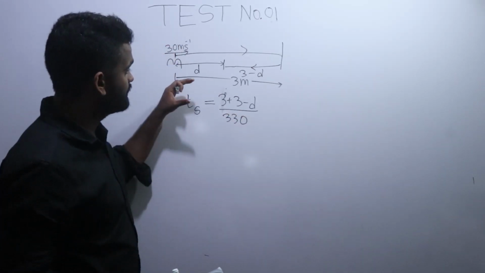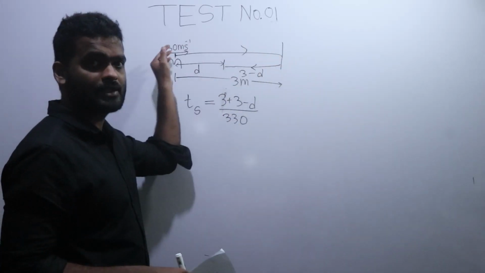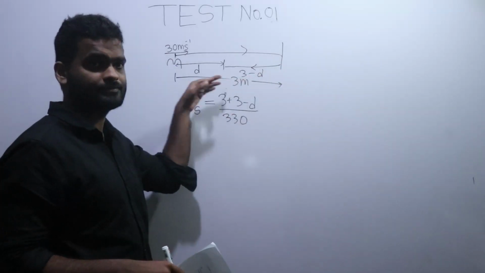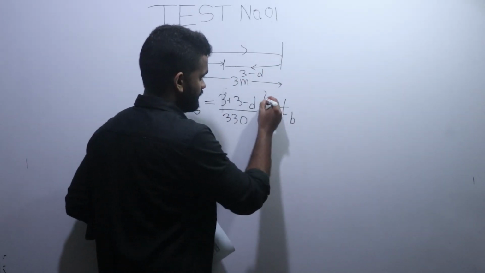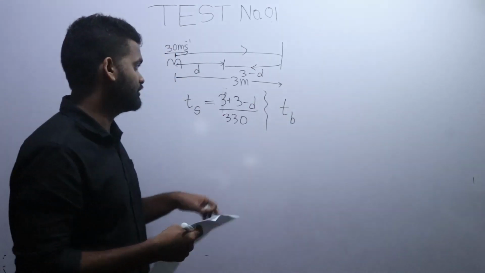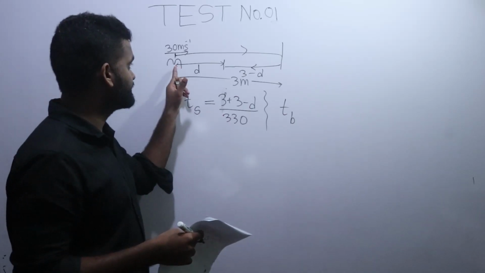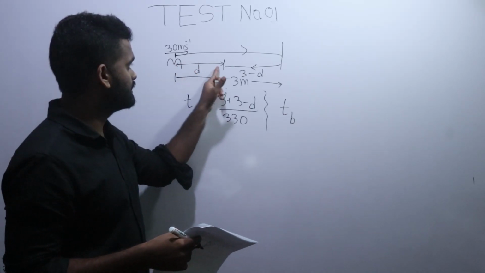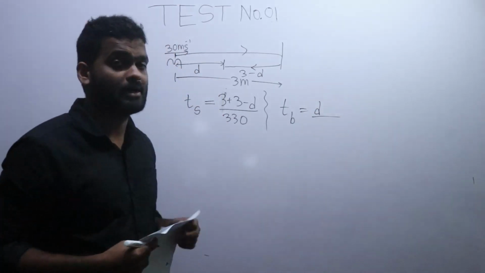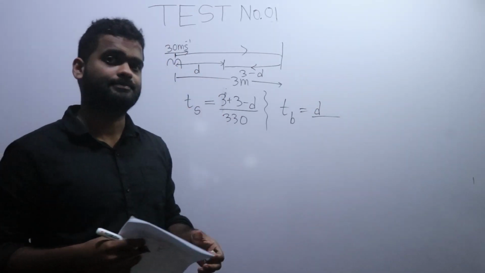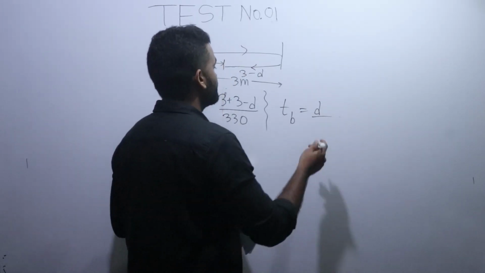Then you get the time required for the sound to move from here to here. Then I'm going to find the time required for the bat to move from here to here. So the distance that bat moves is d, very simple, d, should be divided by the speed of the bat. So the speed of the bat is given as 30 meters per second.